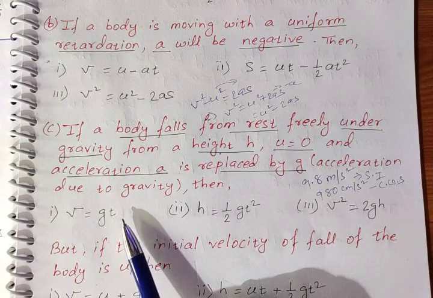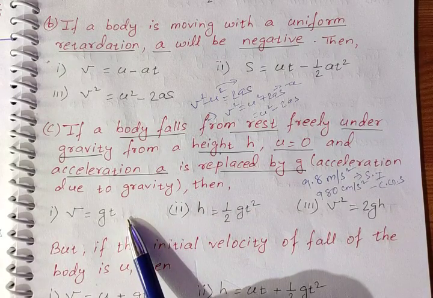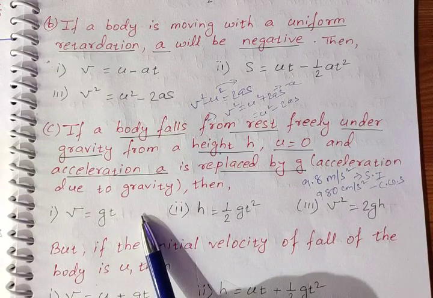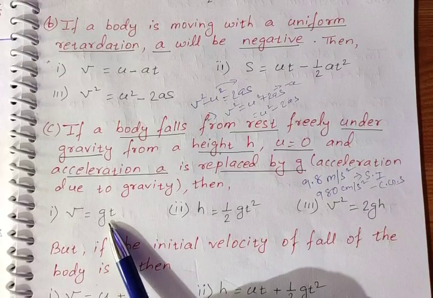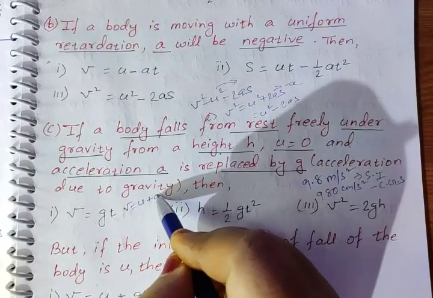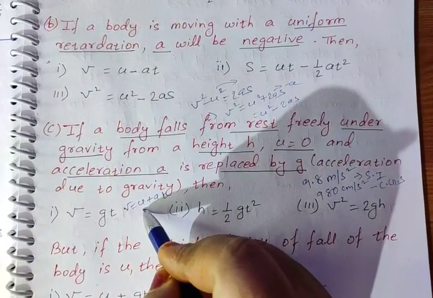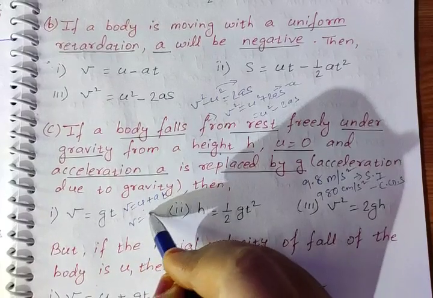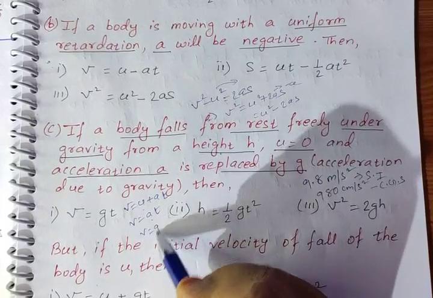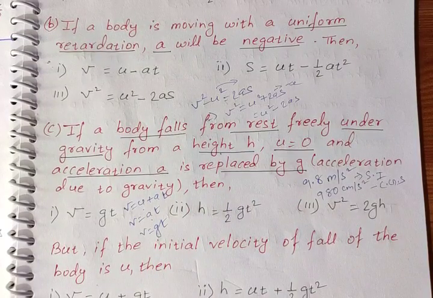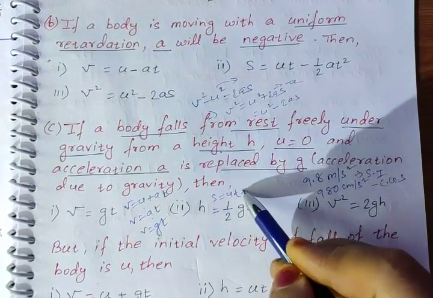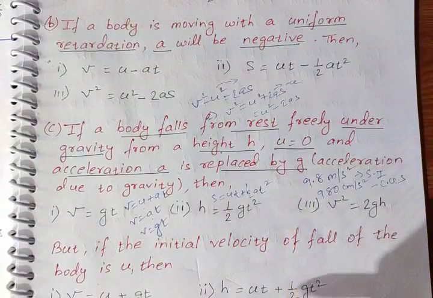First one, v is equal to u plus at. u is 0, so the first term is 0, so v is equal to at. Now a is replaced by g, so v is equal to gt. Now the second one, s is equal to ut plus half at square.